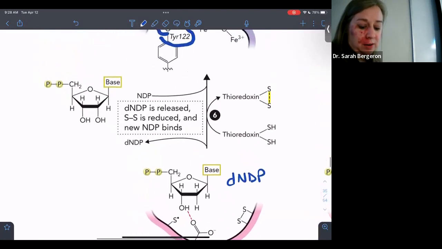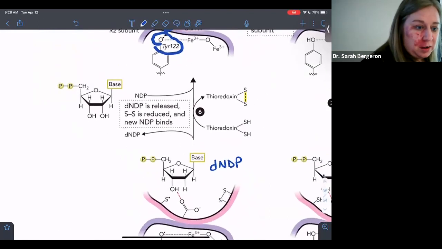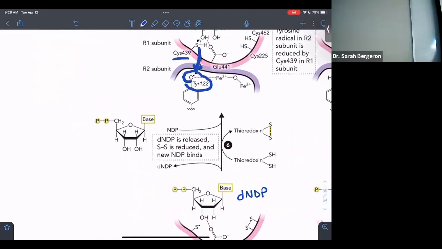So what's going to happen is your dNTP is released, then thioredoxin is going to come in, and it is going to do what? Let me zoom out a little bit. Here. Okay, so if thioredoxin comes in, what happens to our sulfurs? We've got 3 sulfurs. What happens to them? If thioredoxin comes in with sulfhydryls, it donates the hydrogens to create a disulfide in thioredoxin.